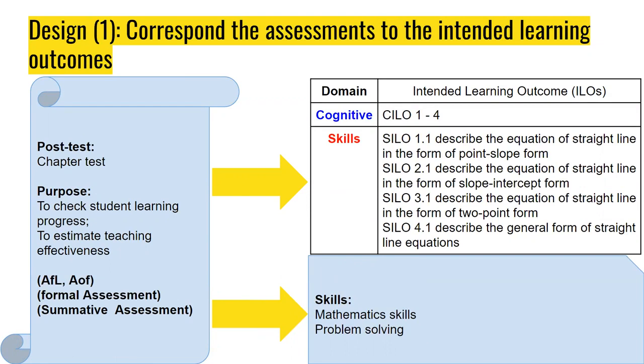It's trying to check students' learning and progress to estimate teacher effectiveness, and is more concerned with the cognitive domain and skills domain, which are listed below on the right. And about the skills that the EDB requires, we are focusing on mathematical skills and also problem solving in this test.